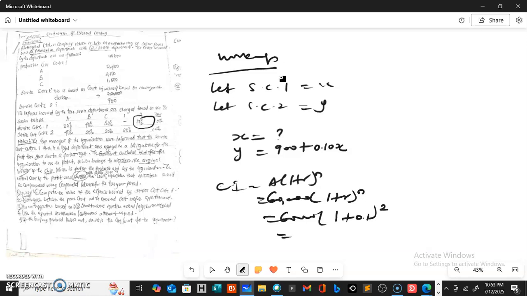So 60,000 times 1.1 squared. Let me do the calculation: 1.1 squared is 1.21, multiplied by 60,000.